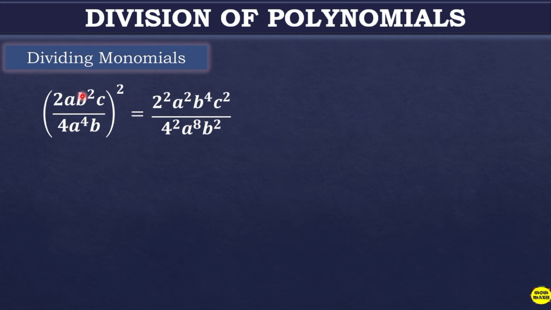So, distribute po muna natin 2 squared, a squared, b, 2 times 2, that is 4, and then c squared. And then, lahat ito, 4 squared, a raised to 4 times 2, that's why it's 8, and then b squared. Ita-times po natin lahat nung exponent dun sa exponent na nasa labas.